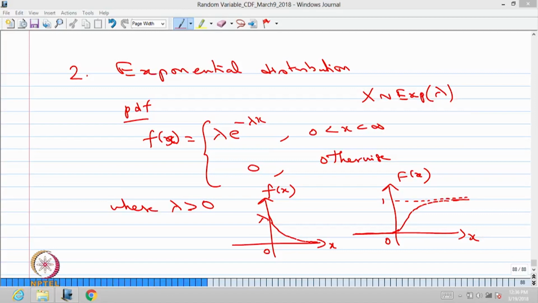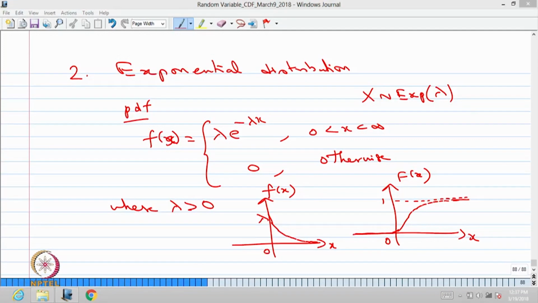So, you should remember whether you write lambda times e power minus lambda x or the reciprocal form. In this course I am using consistently lambda times e power minus lambda x as the probability density function of the exponential distribution with the parameter lambda. That is the notation: X follows exp with the parameter lambda.